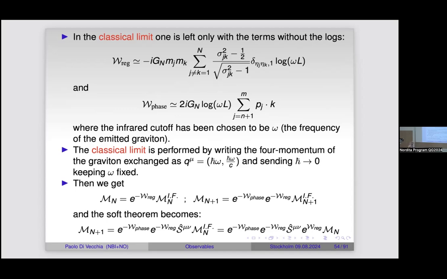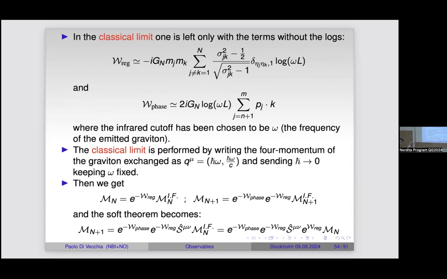And then Mn is given by this factor times something finite. And then for n plus 1, where you have one massless particle, you have to do this factor for the massless particle. And this term can be written in this form, where you include the soft term that appeared in the previous transparency.